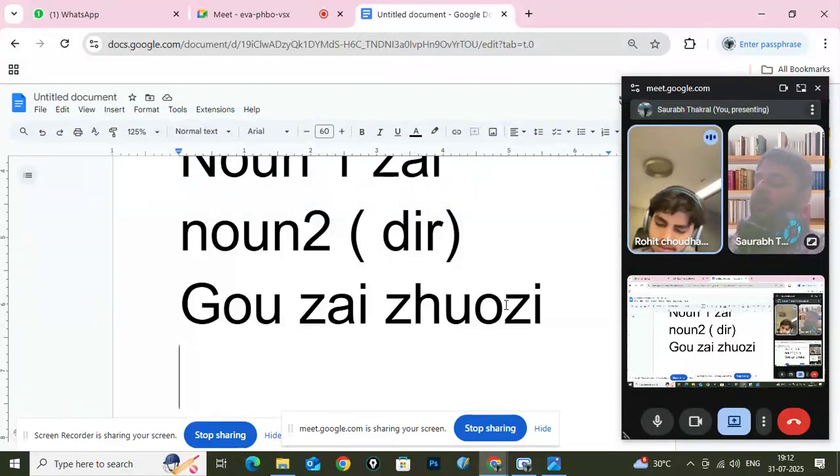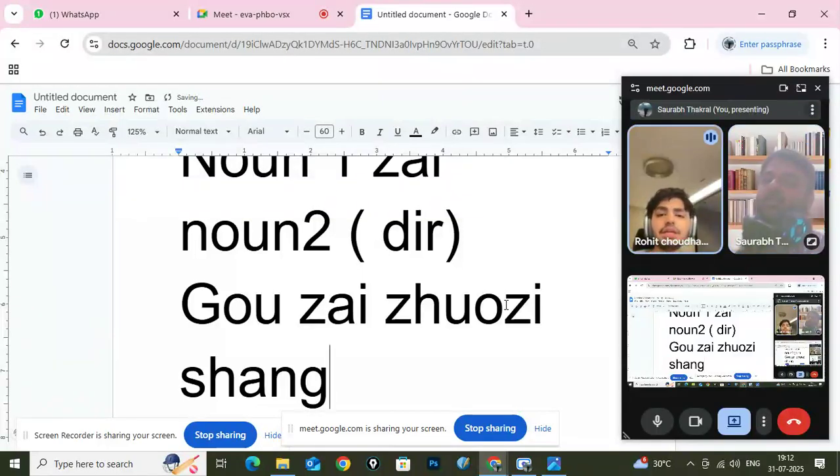There is a city on the map, which means up on the ocean. Up is shang, as in Shanghai.